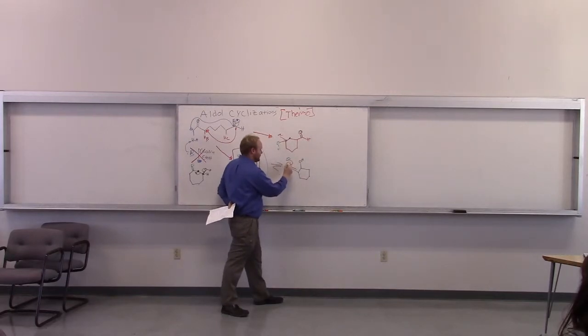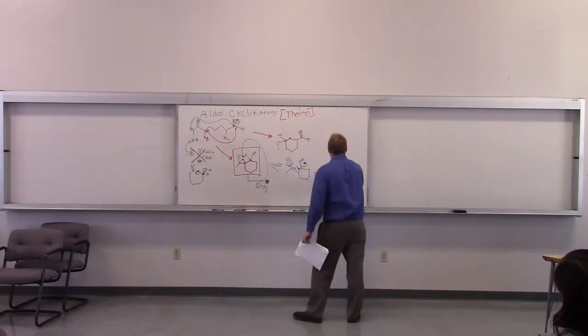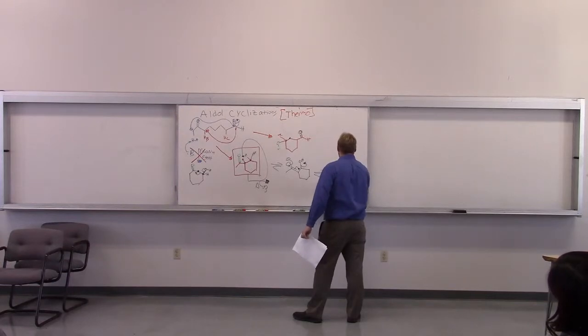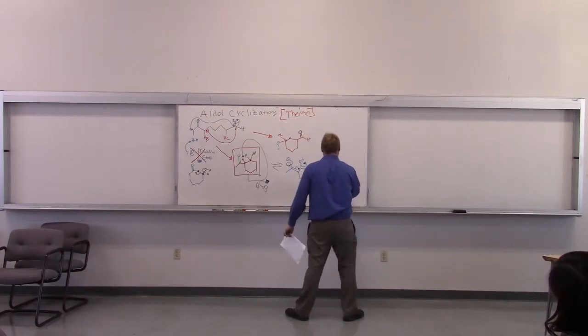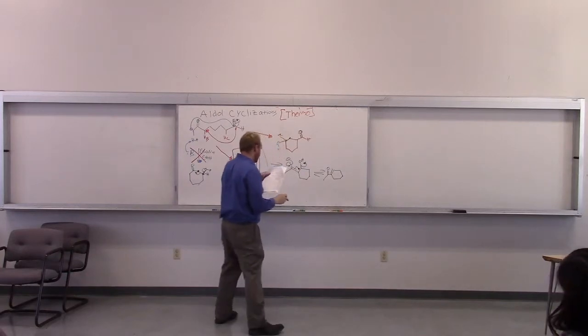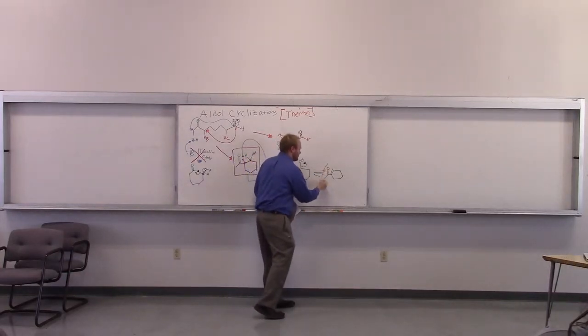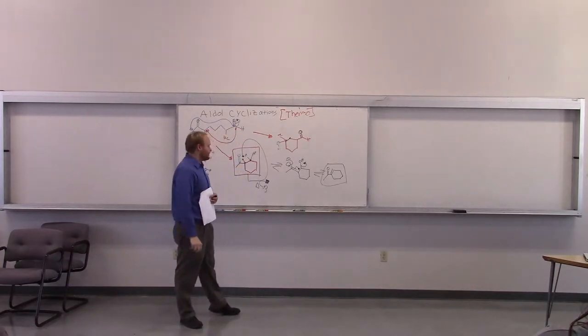And then the enolate intermediate kicks off the alcohol as OH minus, the leaving group, to give us this as our product, so the aldol dehydration product.